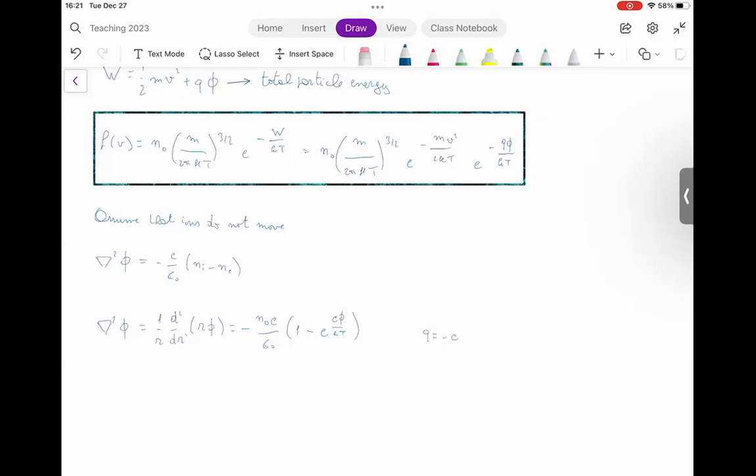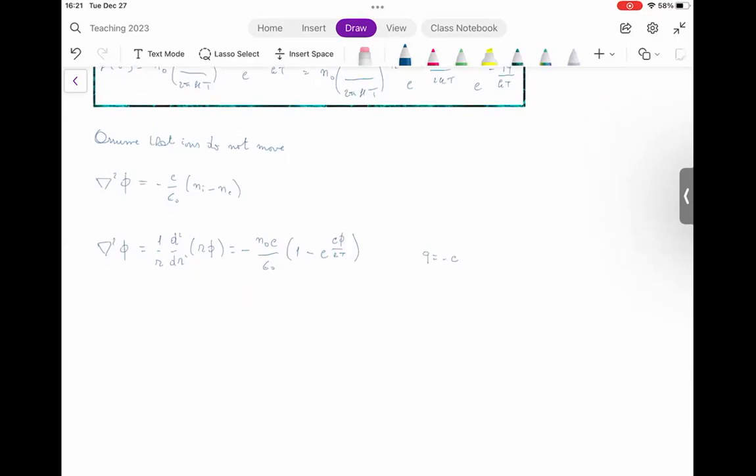But here I'm going to assume that the electric potential is small enough that this ratio is going to be much less than 1.